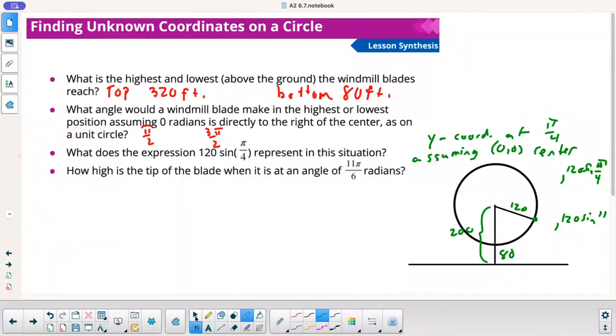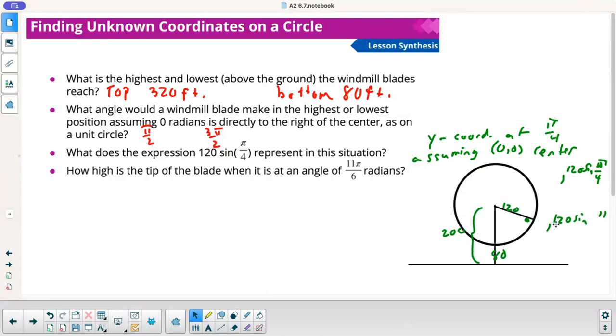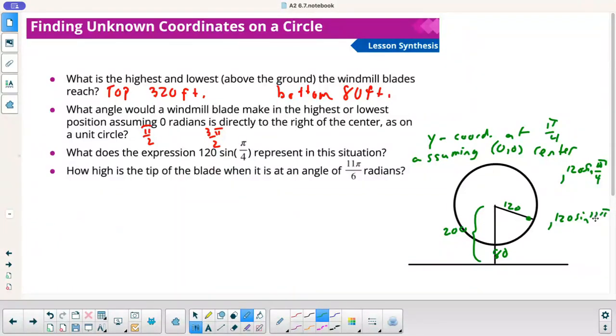I don't have enough room to move this. So that's the y coordinate. So the whole thing's 200. Since I'm below it, I would subtract it from that. So I'd say 200 minus 120 sine of 11 pi over 6. Okay.